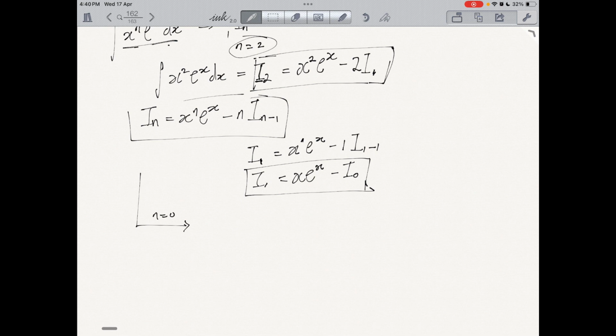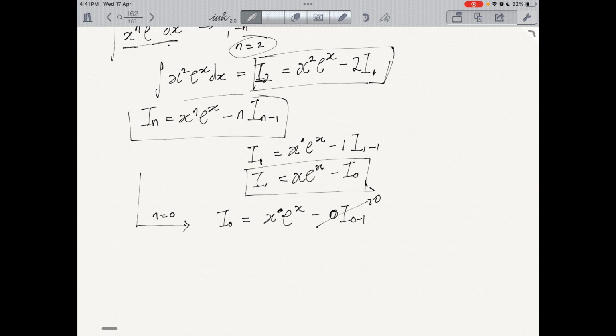When n is equal to 0, we have that I naught is equal to x raised to power 0 exponential x minus 0 times I minus 1.